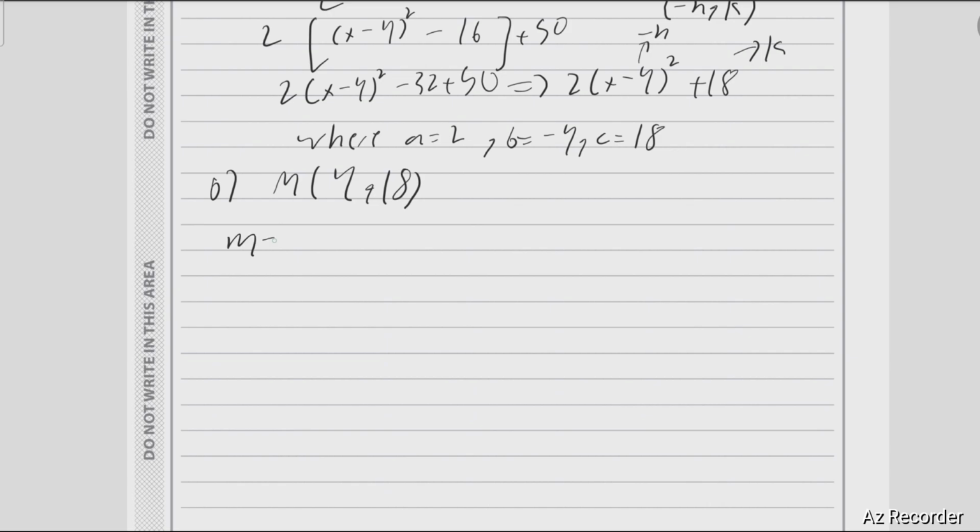So the gradient is 18 minus 0 over 4 minus 0, since it passes through the origin. 18 over 4, which is equal to 9 over 2. y equals 9 over 2 x. Line L.